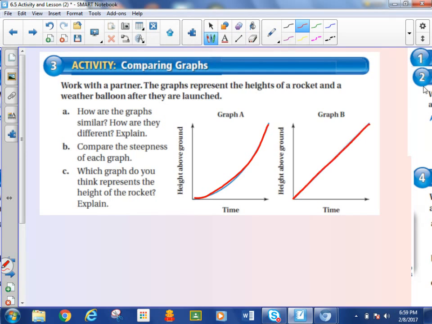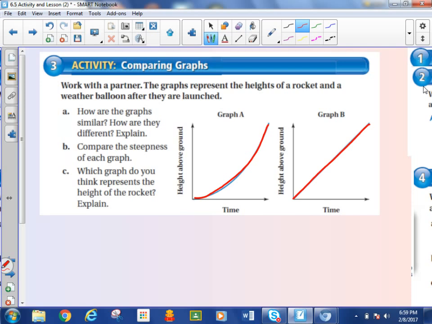Letter B says compare the steepness of each graph. Well, they both are showing an increase in height. And it looks like they're both going to about the same level. And letter C says, which graph do you think represents the height of the rocket? So which one? So we have a rocket and we have a weather balloon.